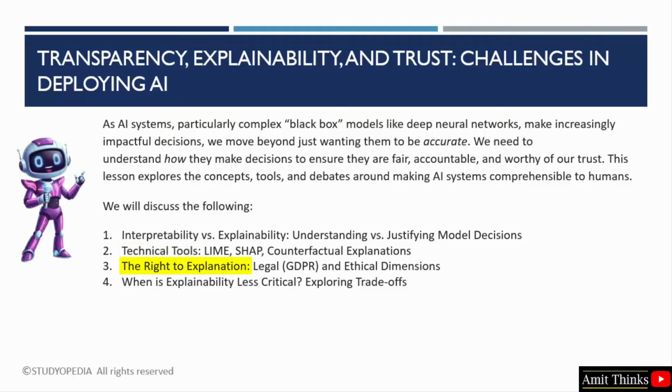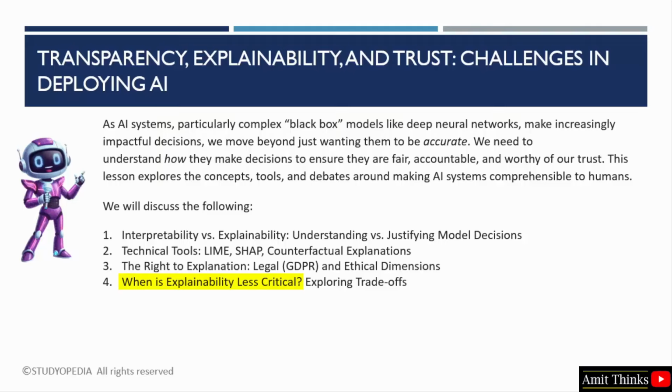The third one, the right to explanation. This includes GDPR and ethical concerns with the challenges. GDPR grants individuals the right to know how automated decisions affect them. Ethical concerns include fairness, accountability, and transparency, which are vital in sensitive domains like finance, healthcare, and law. The challenge here is to balance legal compliance with meaningful, user-friendly explanations.